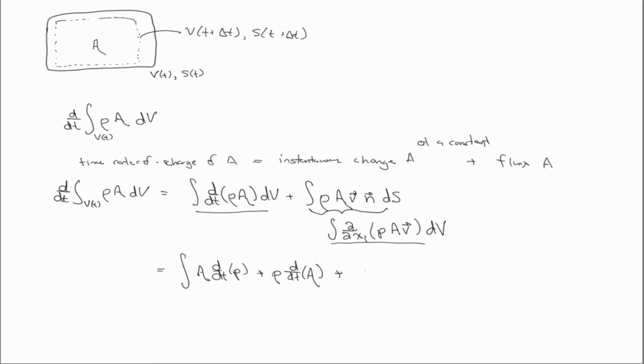So if I do that, then I get A divergence of rho v plus rho v dot grad A. And I'm just going to write this a little bit differently. I'm not going to change the equation, except I'm just going to do a little factoring.